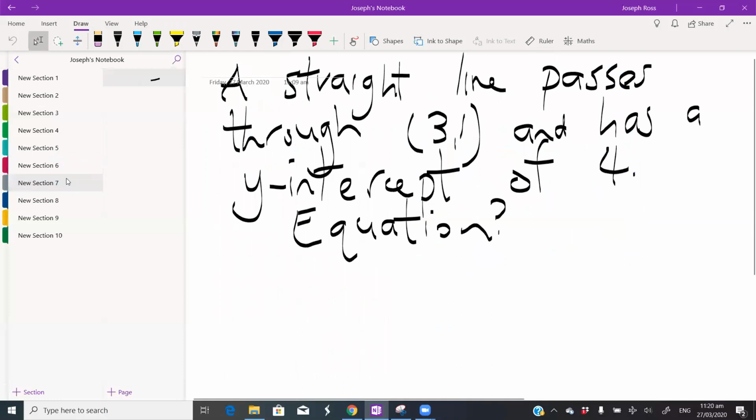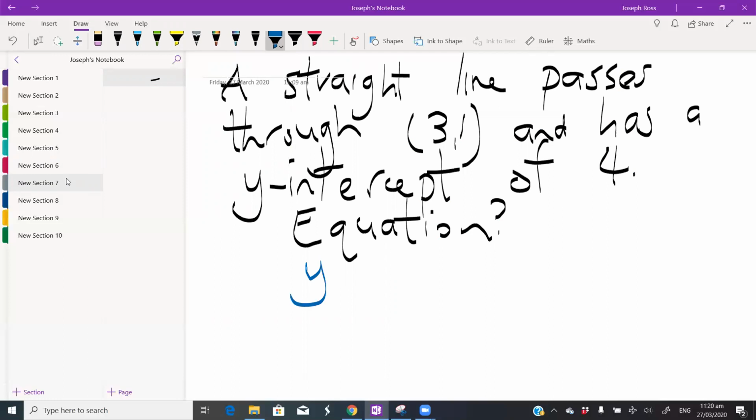Now, a straight line passes through the point (3, 1) and has a y-intercept of 4. What is the equation of that line? Firstly, we can see what the y-intercept is. We know that the y-intercept is 4, and that y equals mx plus c.